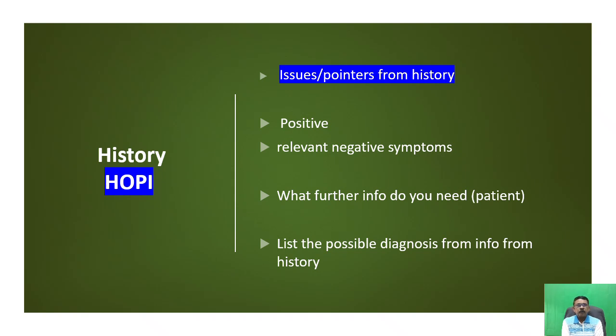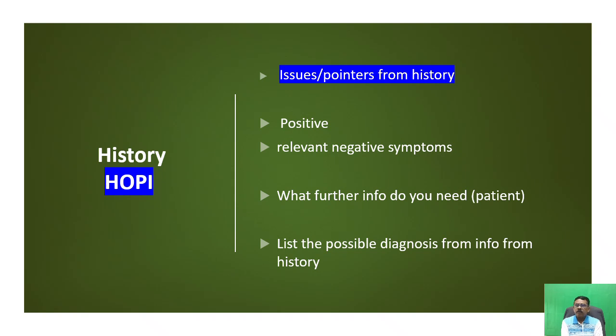Positive and negative symptoms must be looked for. Not only the positive symptoms are important, equally important are the relevant negative symptoms, which are not present in the patient but which you expect to be present.